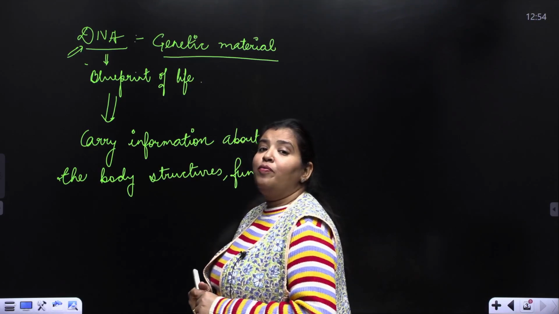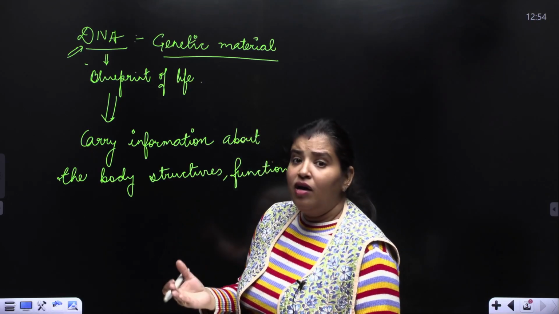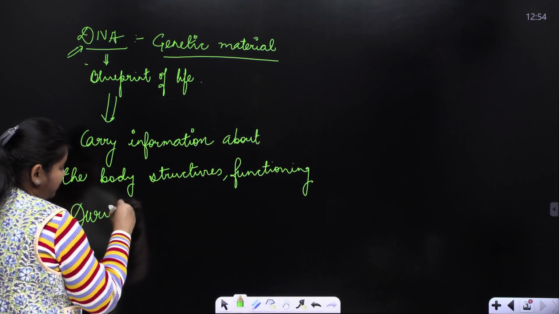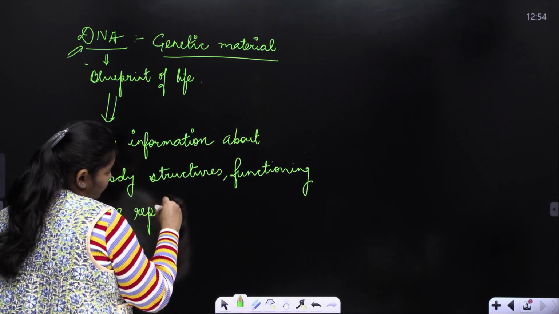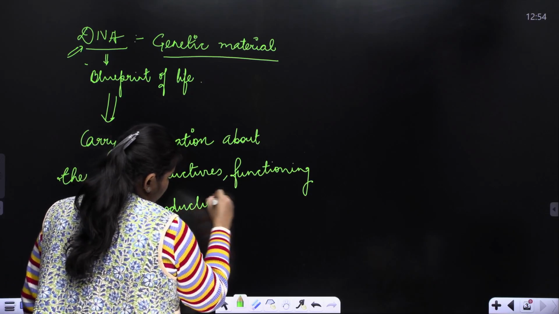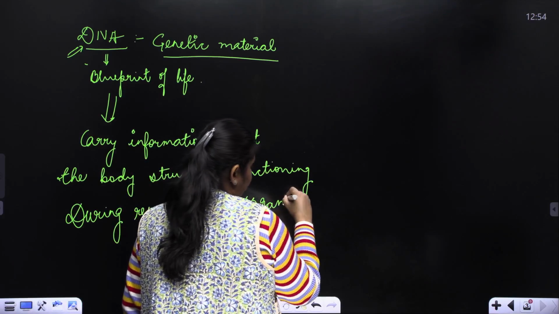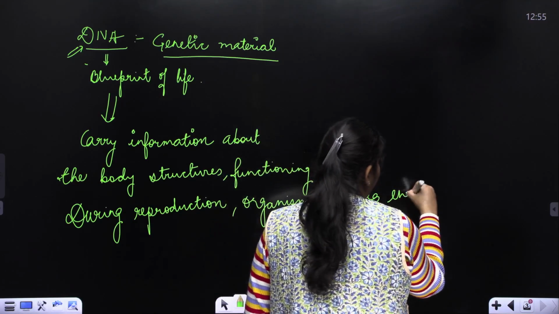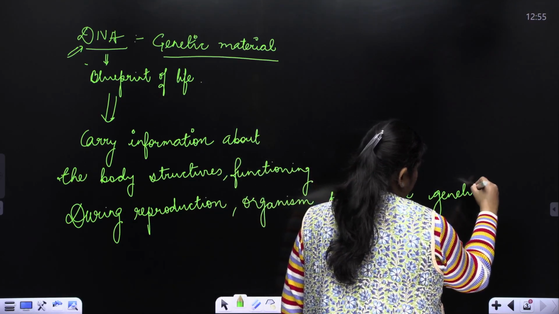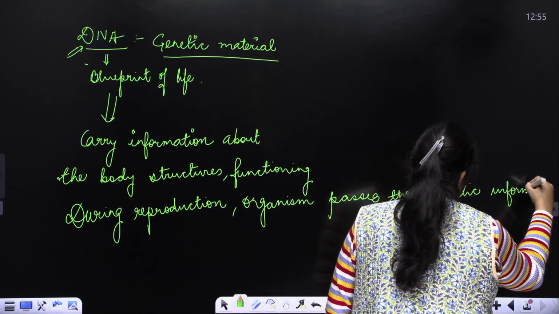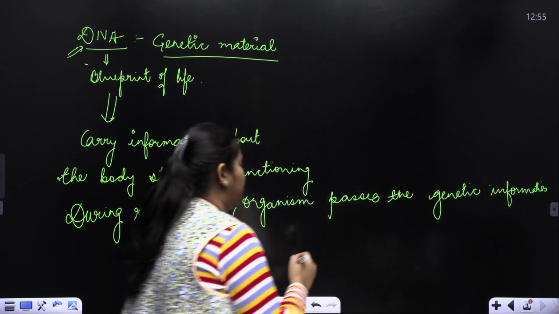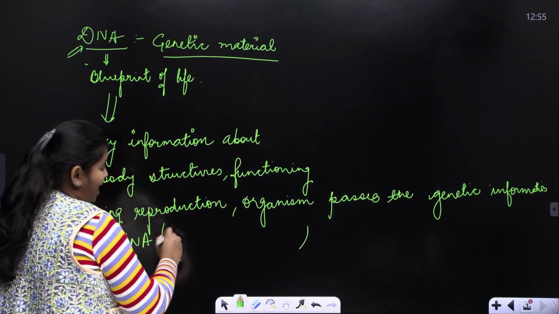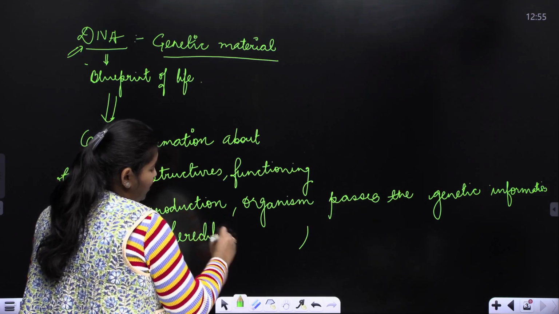Now, when the organism reproduces, what it is doing? It passes. So during reproduction, organism passes the genetic information via DNA, and so aptly called as the heredity vehicles.